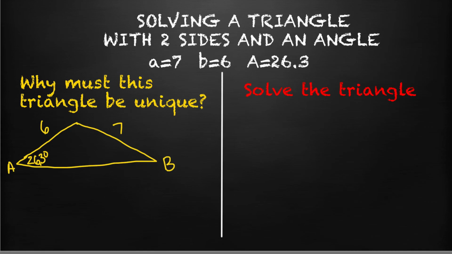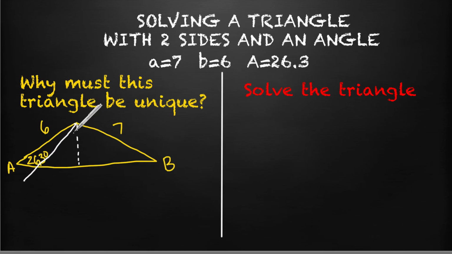Now, if we draw a height right here, it is pretty clear that we cannot draw that same side with a length of 7 inside here. We can't draw that because it'll go past the bottom.